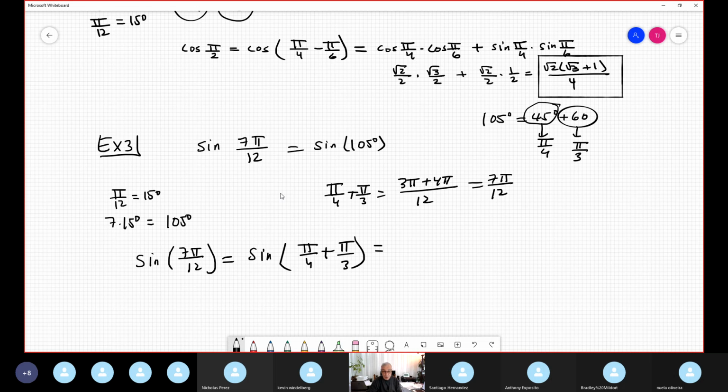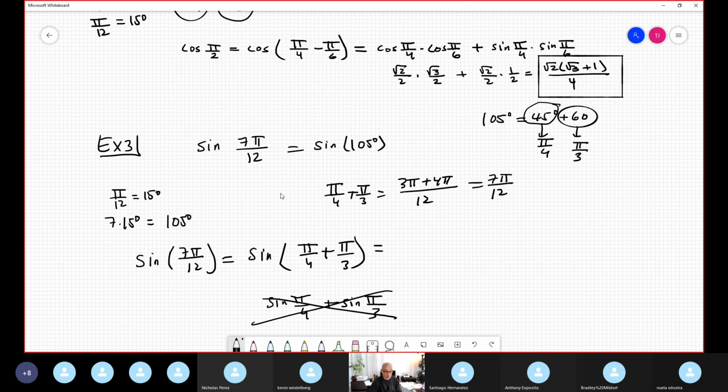Now, I use the formula. Okay. The typical mistake that I see every day is that some students believe that it says sine pi over 4 plus sine pi over 3, and it's totally wrong.